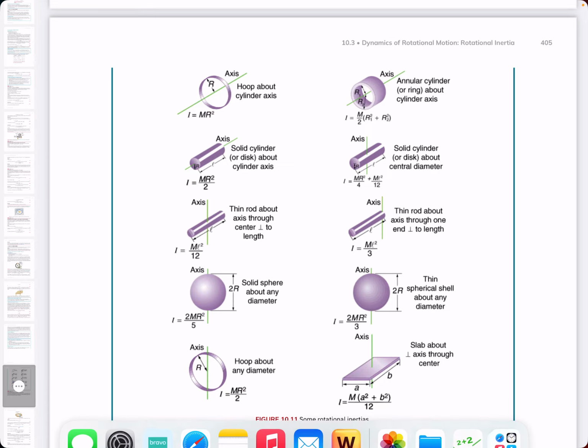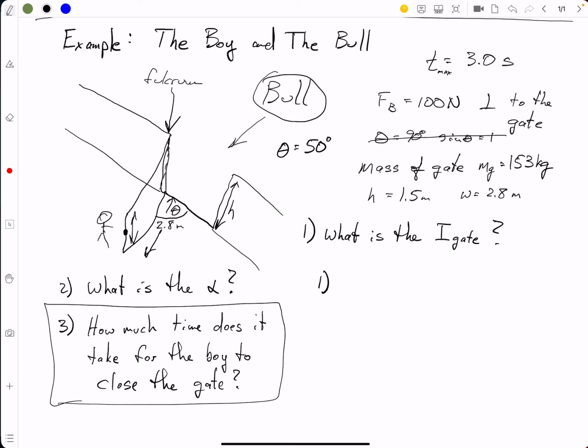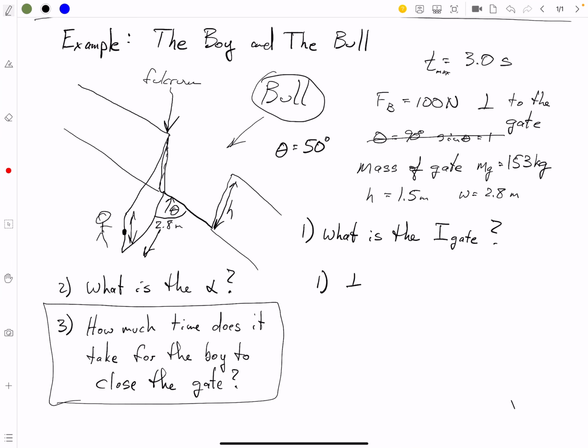So we're going to go back. We're going to take that moment of inertia, and we're going to come back here and go moment of inertia equals 1/3 mass of the gate times L squared. L, we know, is the width.